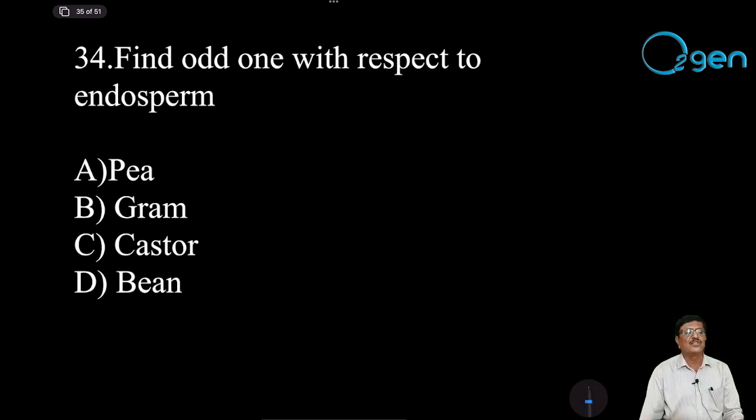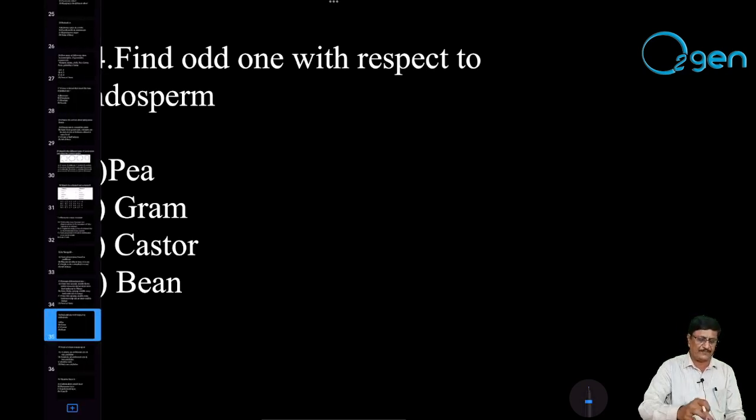The bean is also non-endospermic. So the odd one is C. Castor is an endospermic seed, whereas the rest of the three are non-endospermic. So option C is correct.